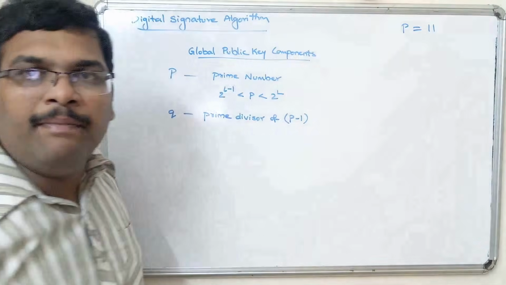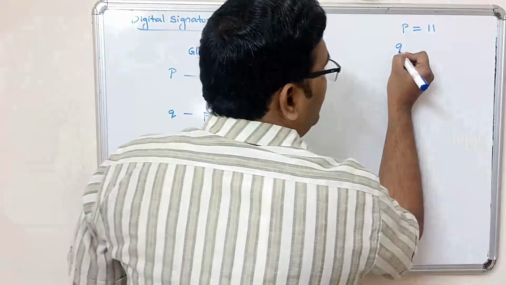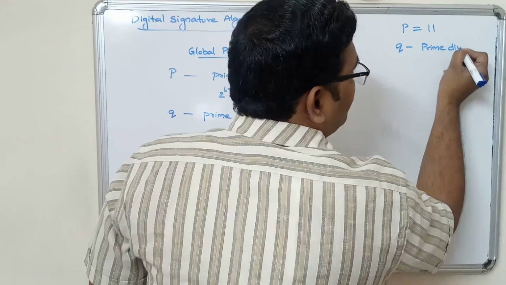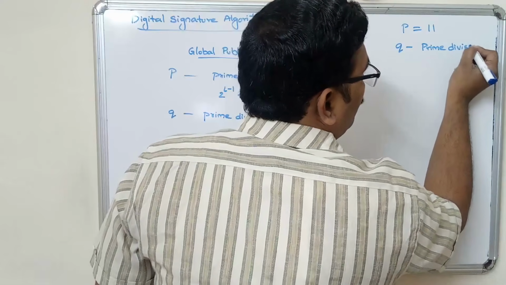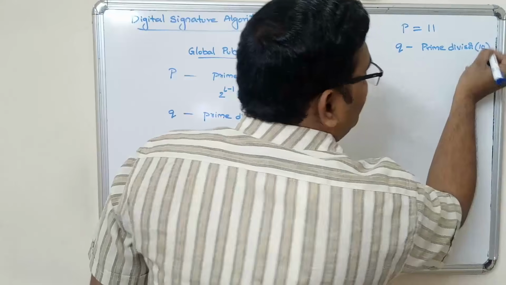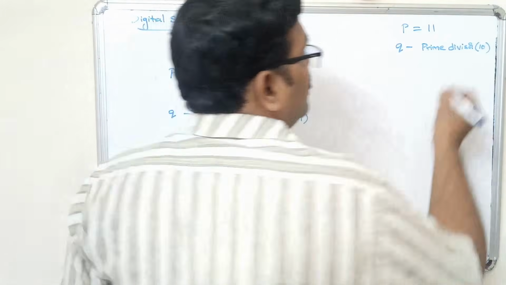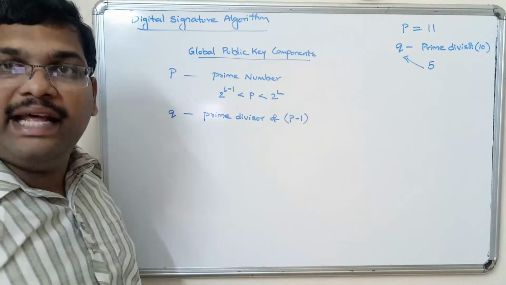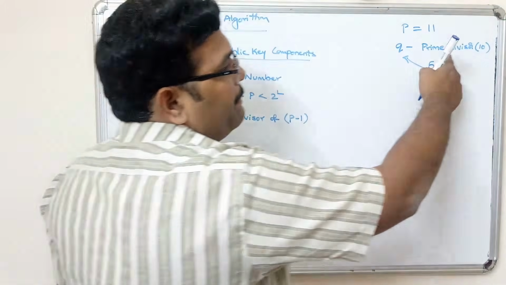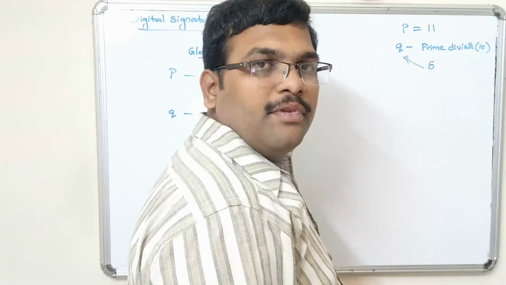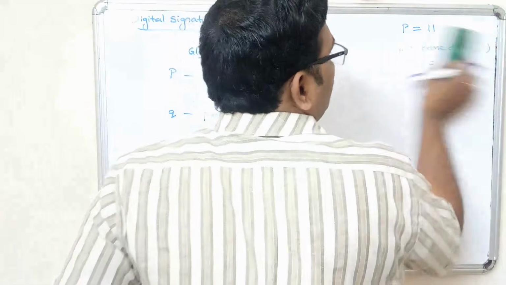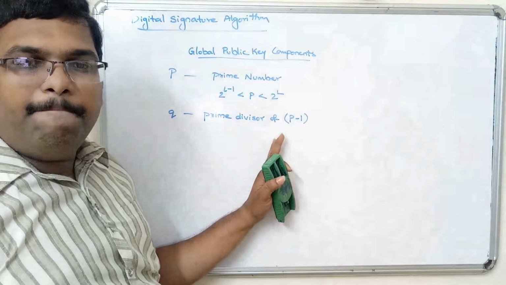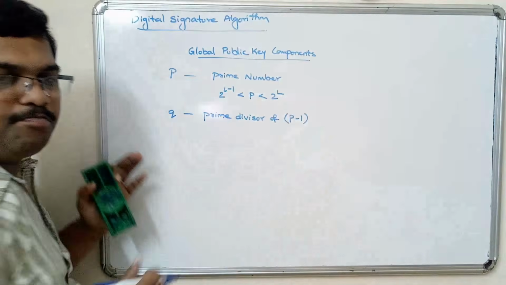As it is a prime number, Q must be a prime divisor of 10, that is P minus 1. So 5 is a prime divisor of 10, so 5 will be the Q value. Hope you understood this, right? So here Q is a prime divisor of P minus 1.